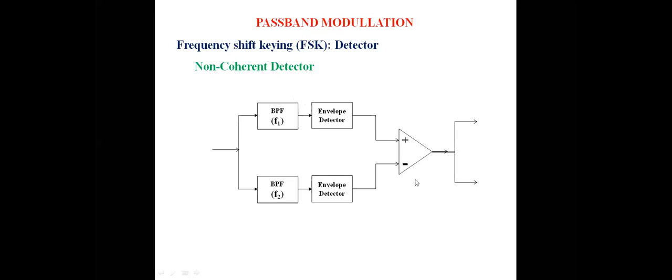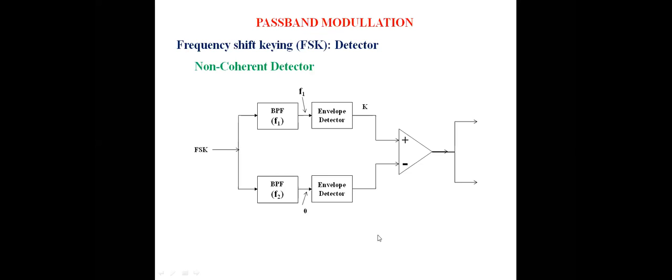Now let me explain the entire scheme with the waveforms, pictorially. If the input is FSK with the frequency F1, then the output of the upper band pass filter is a carrier with the frequency F1, and the output of the lower band pass filter is 0.